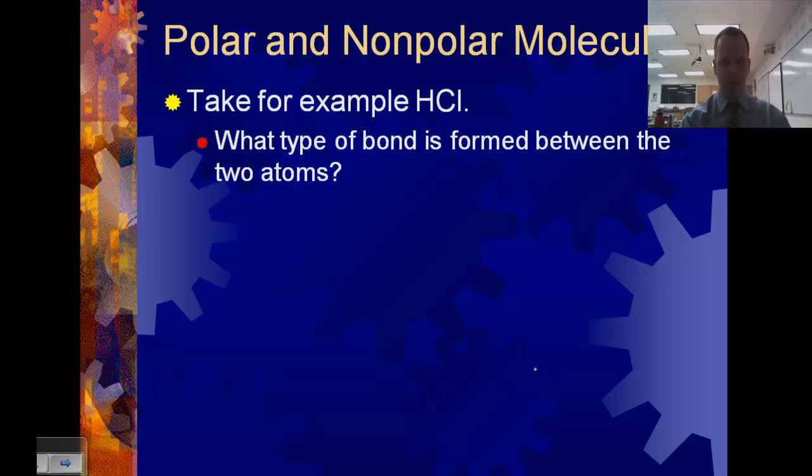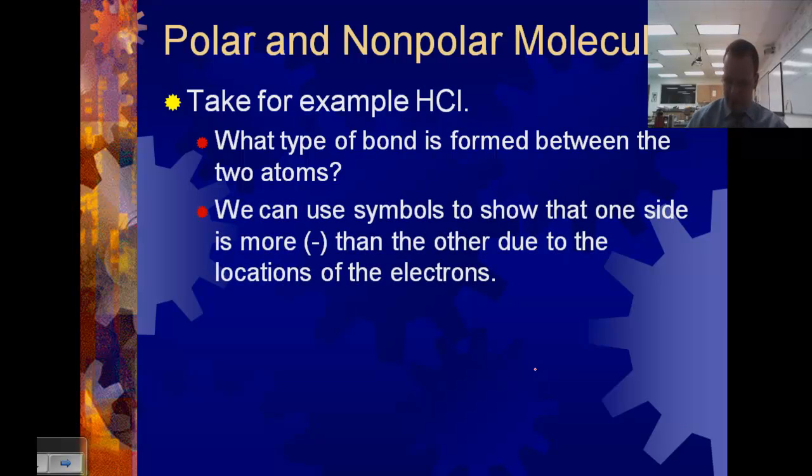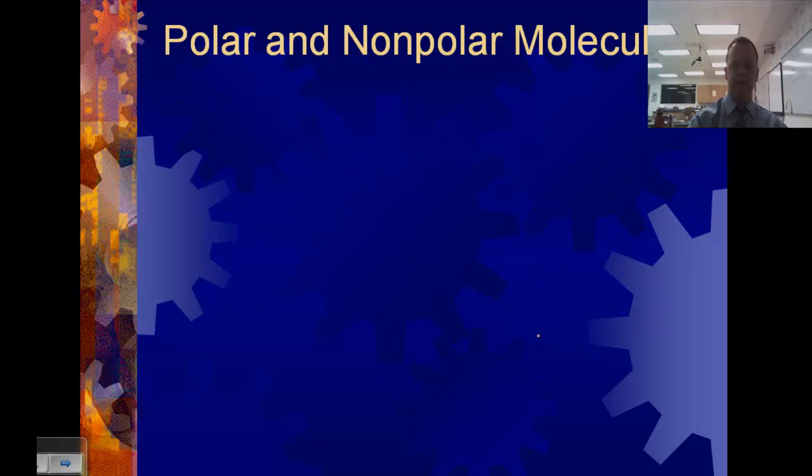When we have HCl, we form a polar covalent bond. We want to show that this one side is more negative than the other. So you get the negative side, the positive side. Based on the shape, we know that this is linear.